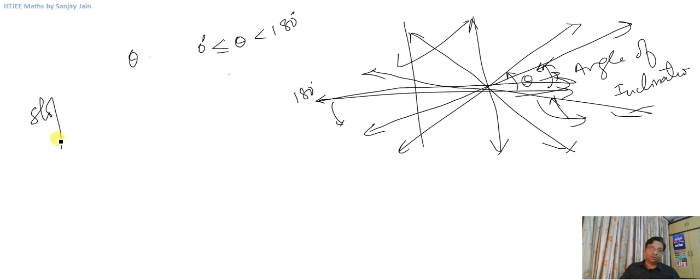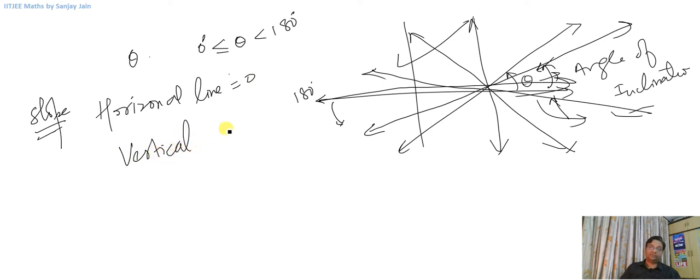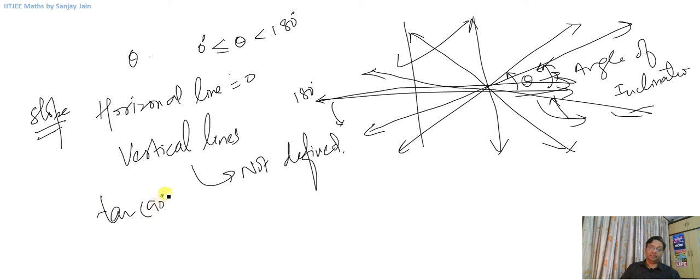And about slope, we said that slope of a horizontal line is 0, and slope of vertical lines is not defined, right? Why? Because tan of 90 degrees is not defined. Also, slope of lines making acute angle with the positive direction of x-axis is positive. Why?